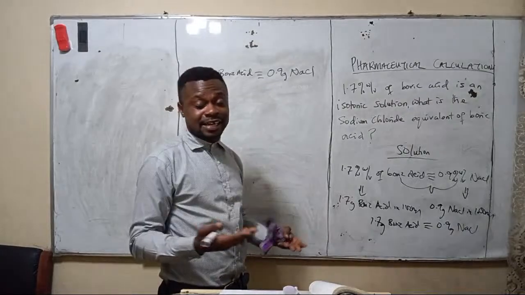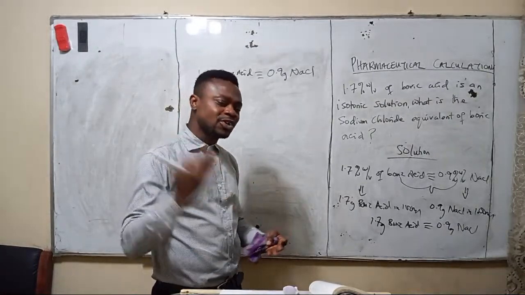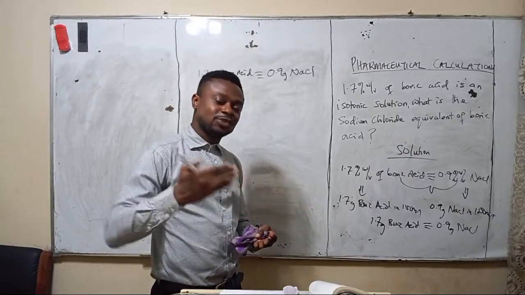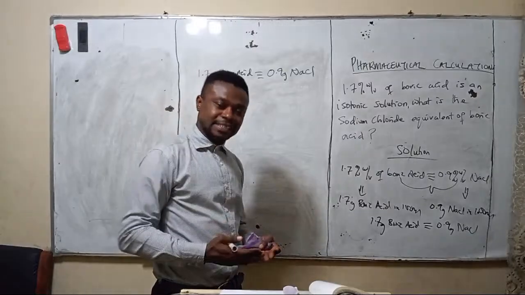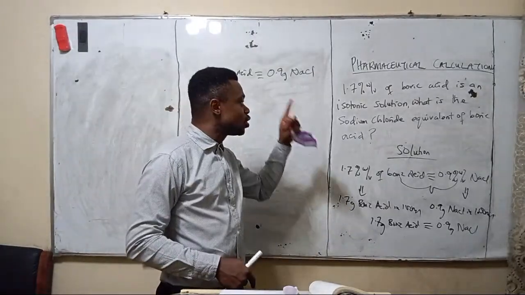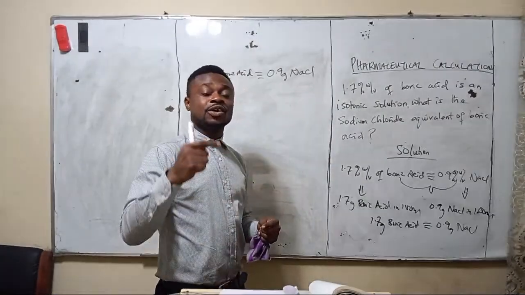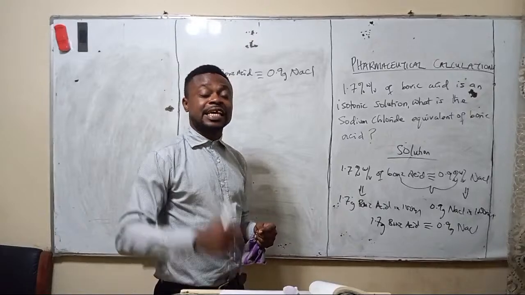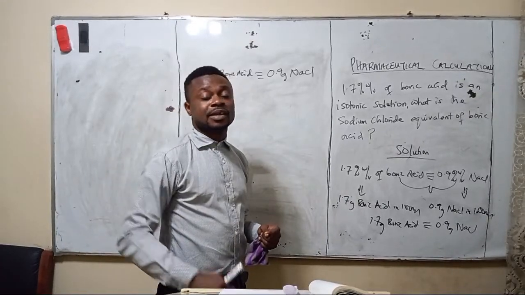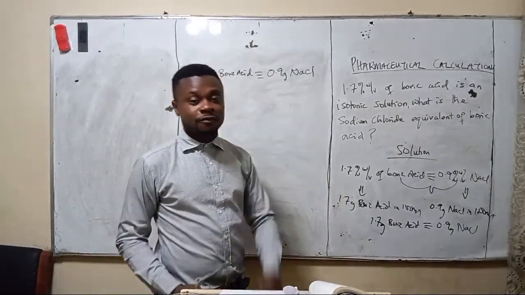In general, the sodium chloride equivalent of a substance is the amount of sodium chloride that has the same tonic effect as 1 gram of that substance.